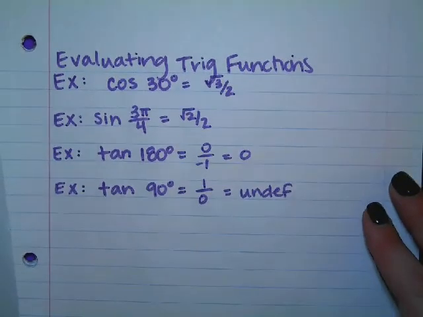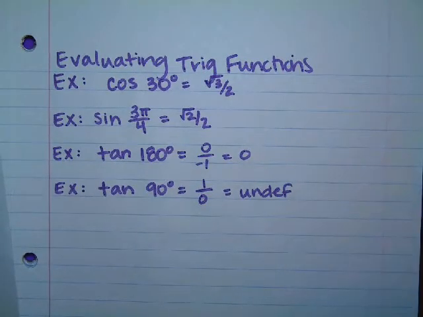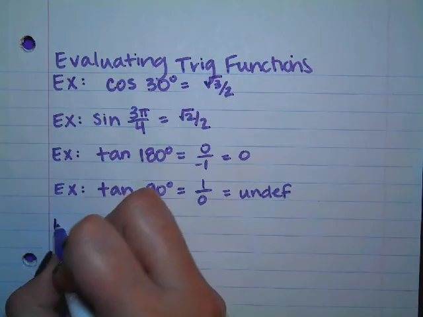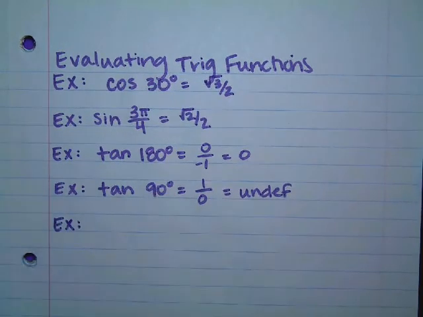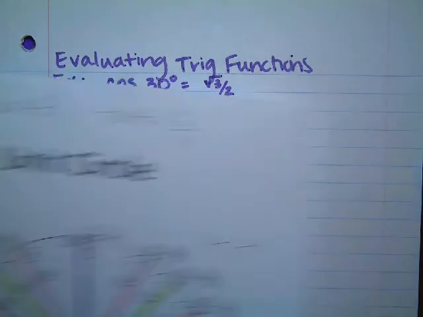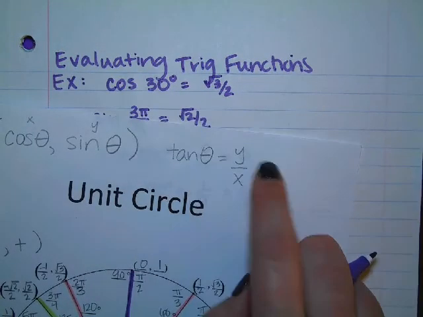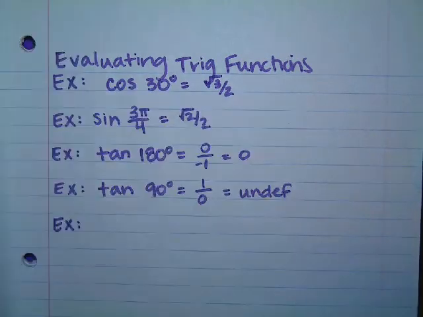It's undefined. You will see once we start graphing, but I'm trying not to overwhelm you today. The y over x is because we know tan is y over x.